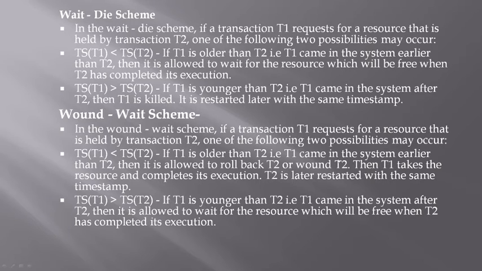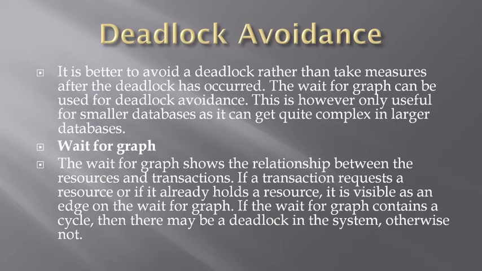Here wound means we give the permission to execute T1 first, because T1 is earlier, and here T1 came into the system later, so I have to make it wait, and after execution of T2 only you execute with the resources. So there are two schemes used for deadlock prevention.